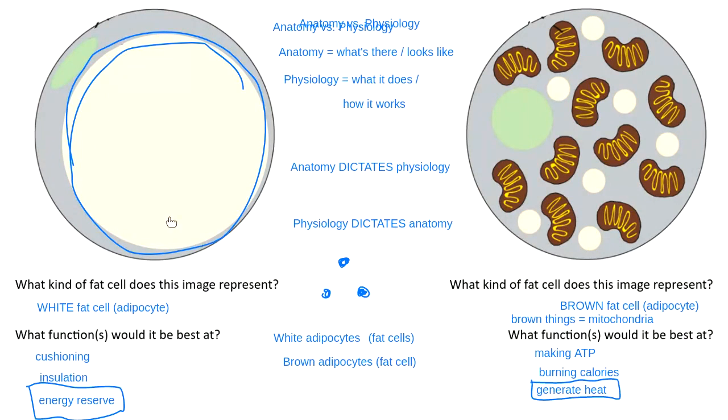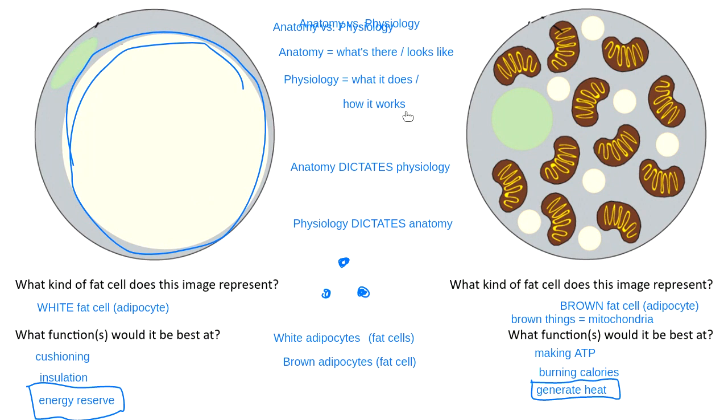If we were to predict the function though of this cell, the easiest prediction to make based on its anatomy is that it's an energy reserve because all of this right here is stored lipids. So function of this cell, storing energy. It stores energy inside this huge lipid droplet that I see right here, this big one.